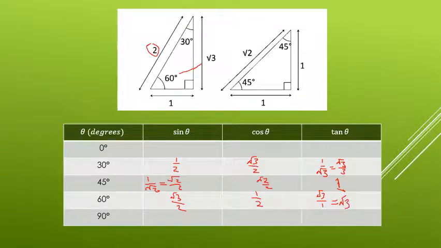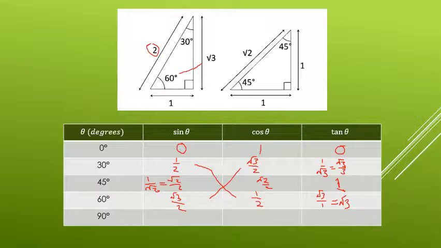There are some other values we need to know the exact values of, and they're these: the sine of 0 is 0, but the cos of 0 is 1. The tan of 0 is 0. Interesting, we talked before about how sine and cosine swap for the matching triangle.